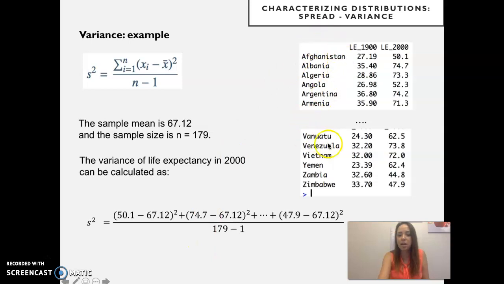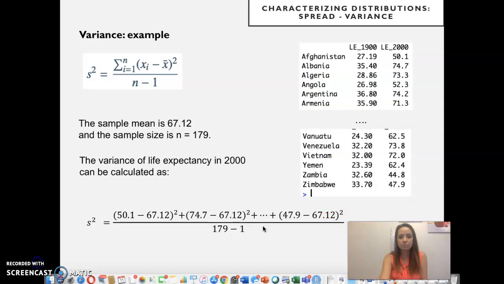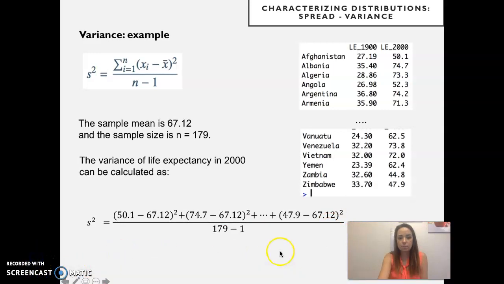We keep doing that all the way to the last country in our data set, which is 47.9. That's xn, in this case the 179th, and we subtract that from the mean and square it. All right.